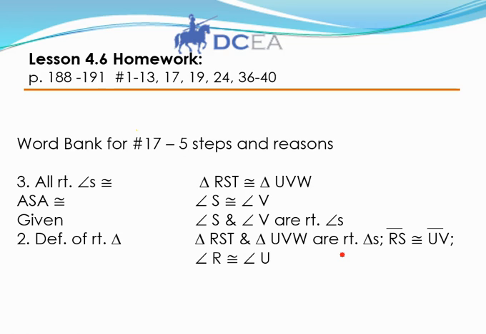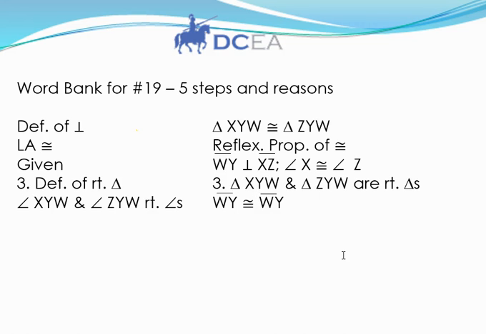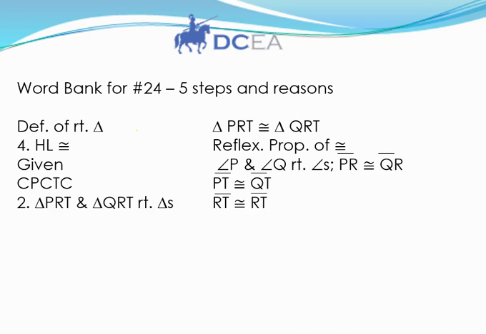So when you're doing your formal proof, you can plug those in there and it will help you do the proof. This is the word bank for number 19, also 5 steps and 5 reasons, and 2 of these, 1 reason and 1 statement is numbered. And number 24 is also 5 steps and 5 reasons, and I've numbered 1 statement and 1 reason also.